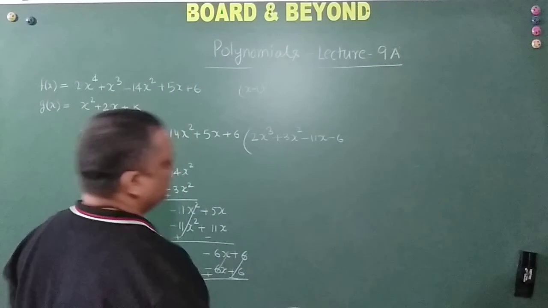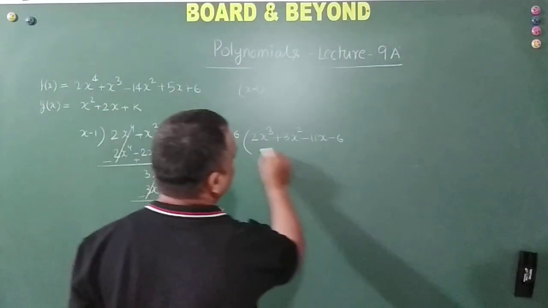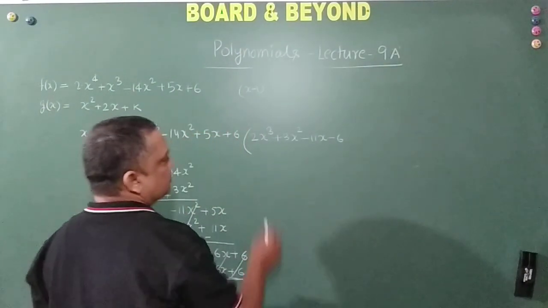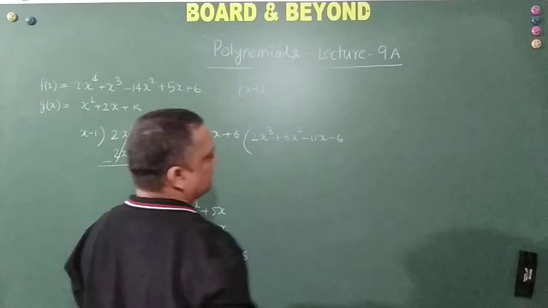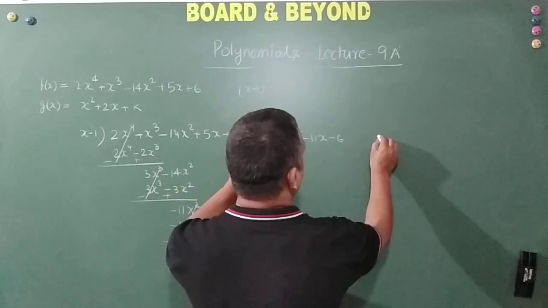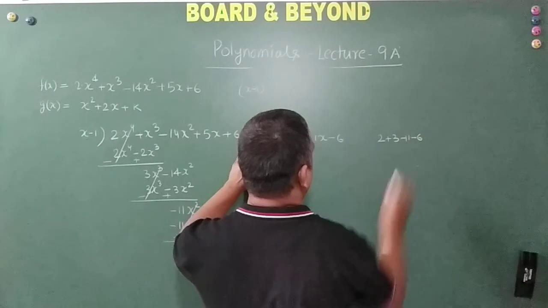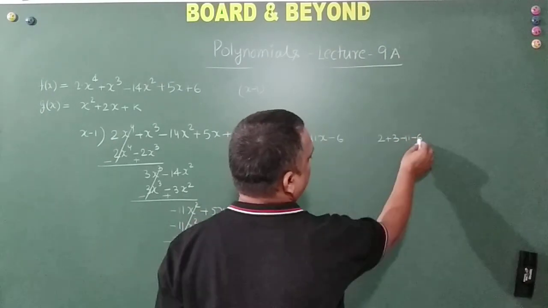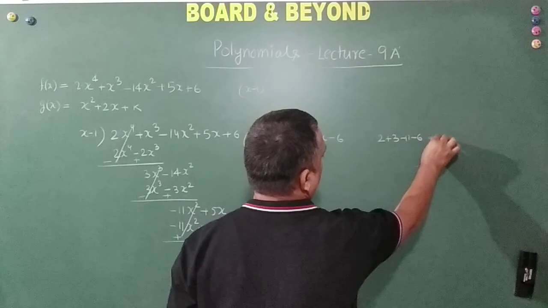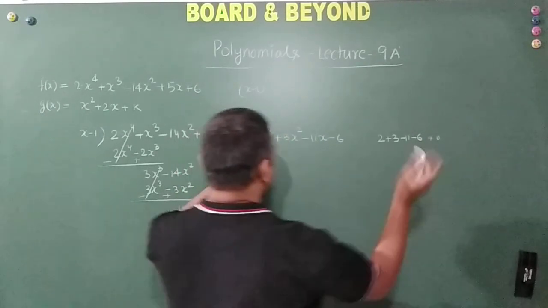Now we try to find a root here also. Let's take x is equal to 1. This gives 2 plus 3 minus 11 minus 6, which is not equal to 0. Let's take x is equal to 2.